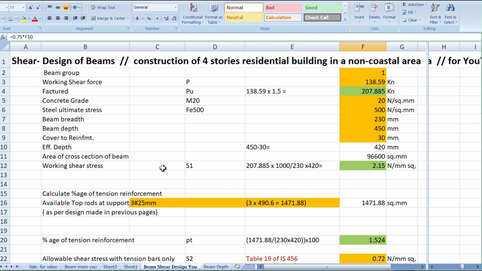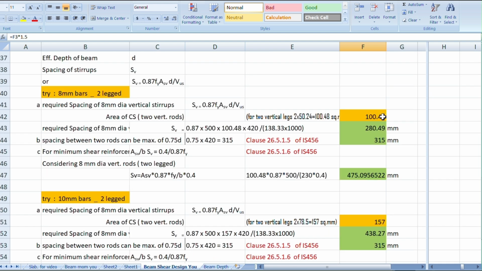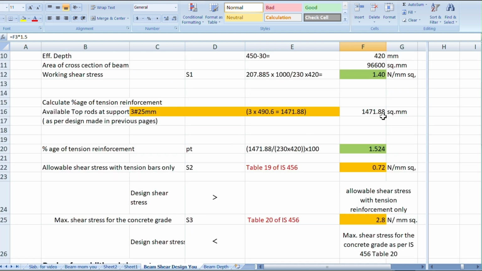For example, by changing this shear force to 90 kilonewton for the next beam and pressing enter, all the calculations change and the total values come separately.